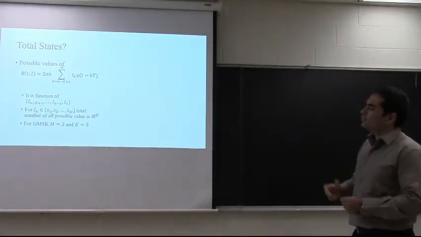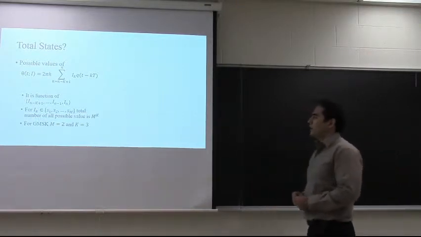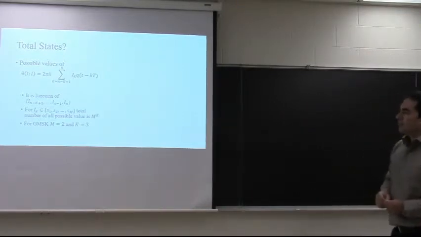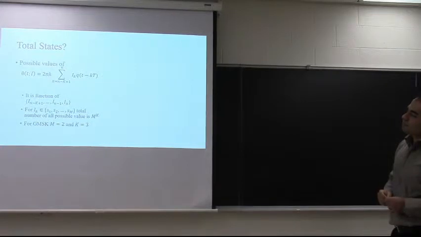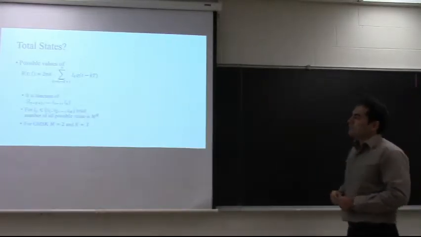Suppose that the uppercase K is 3. When the ik is within the space of the transmitted symbols, the total number of possible values for this is M to the power of K.